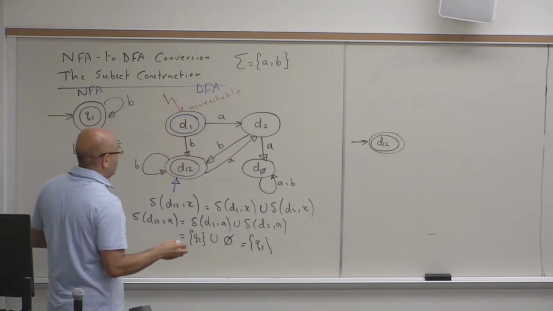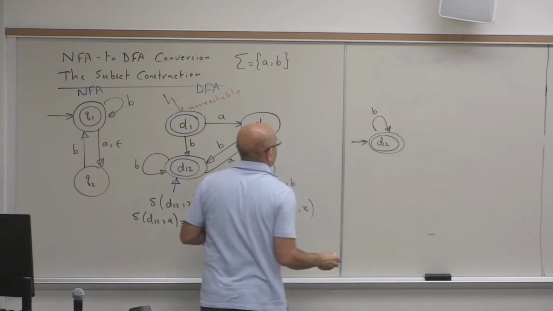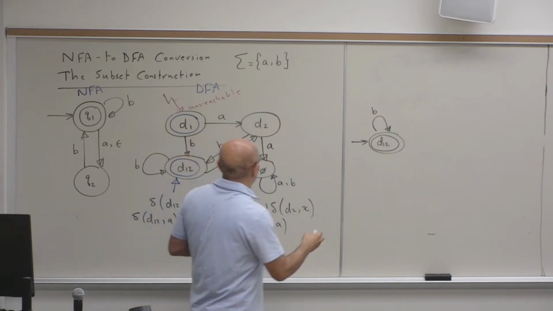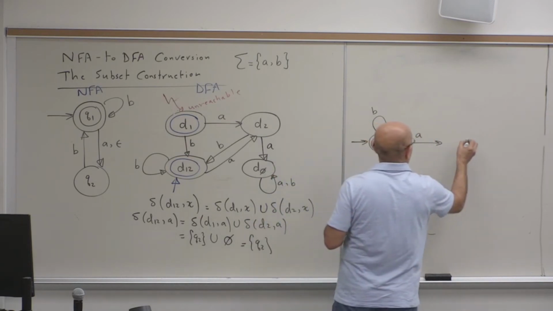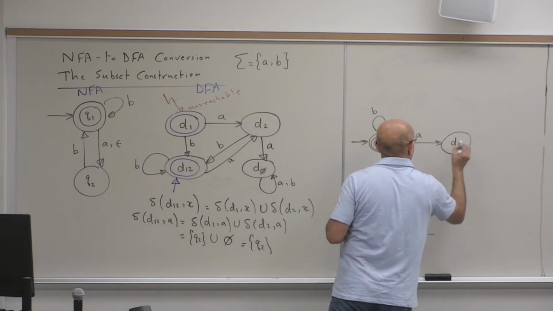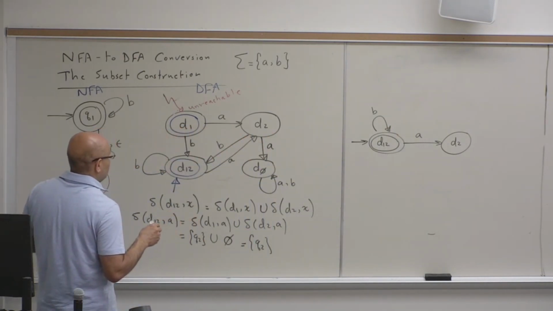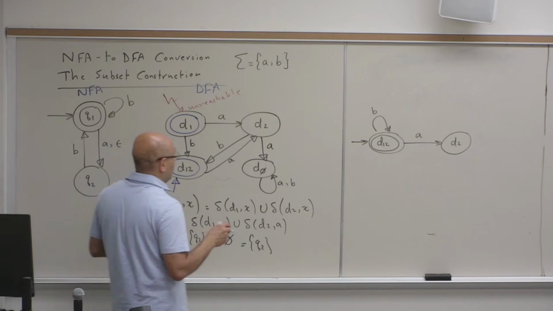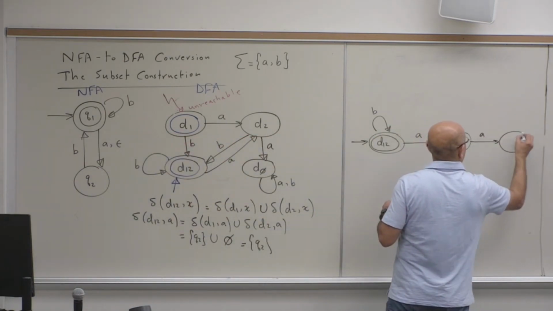If I get a B, I stay in D12. And if I get an A, I go to D2. And if I get an A when I'm in D2, I go to a trap state.